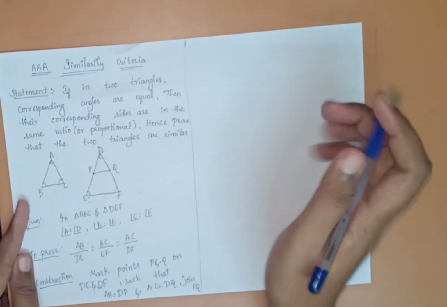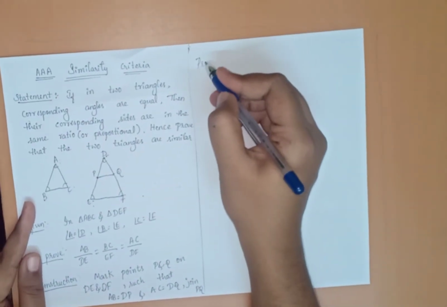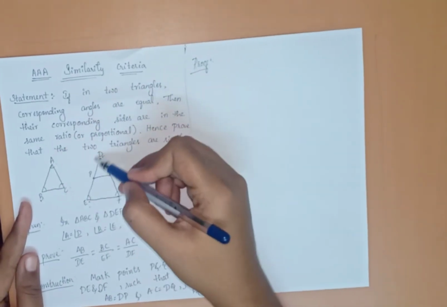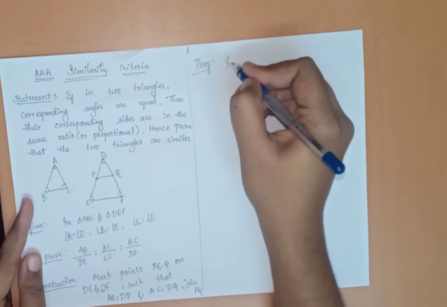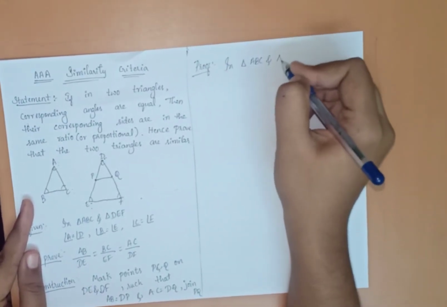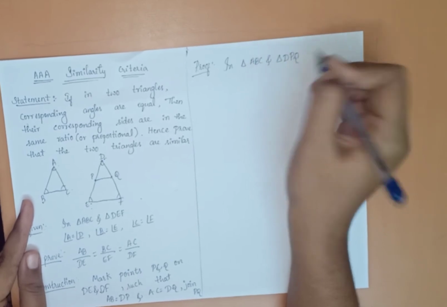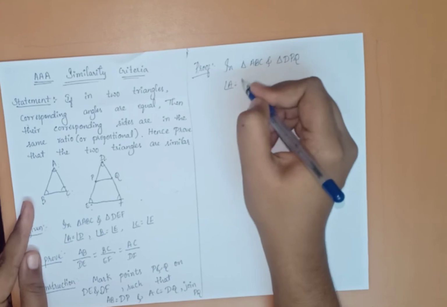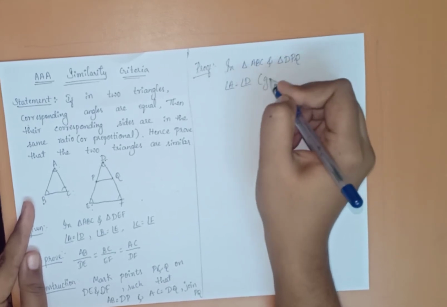Now we will move on to the proof. In the proof we will take two triangles, ABC and DPQ. In triangle ABC and triangle DPQ, we know angles are equal. Angle A is equal to angle D, it's given.